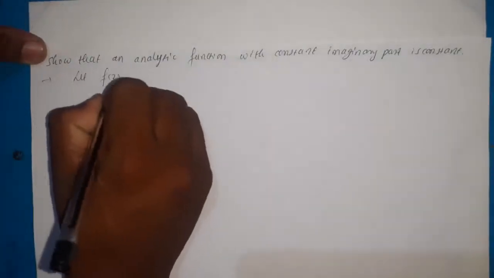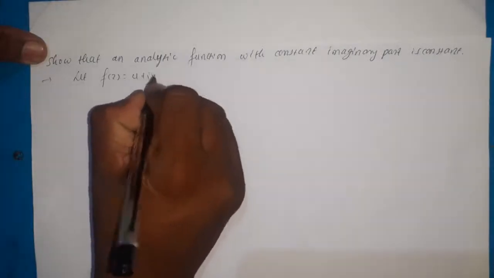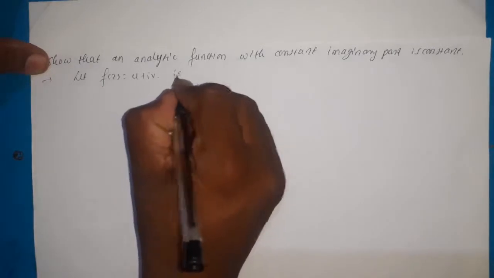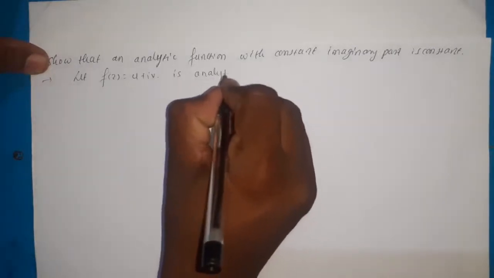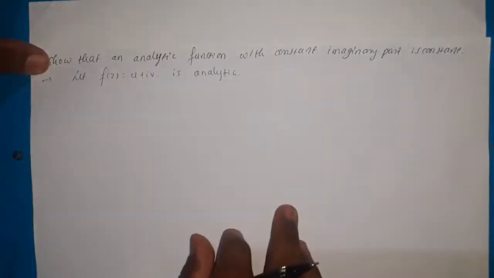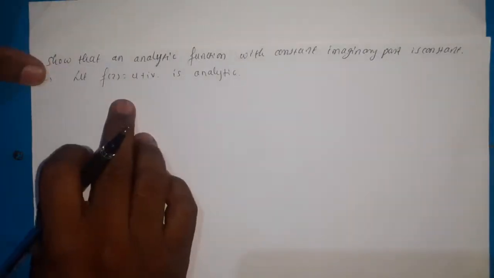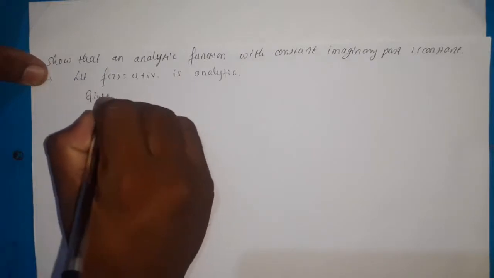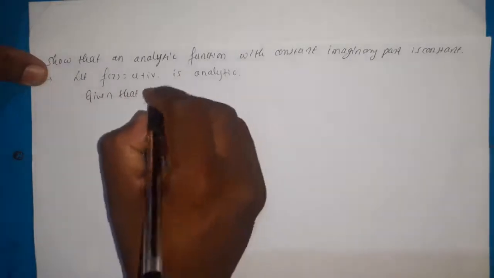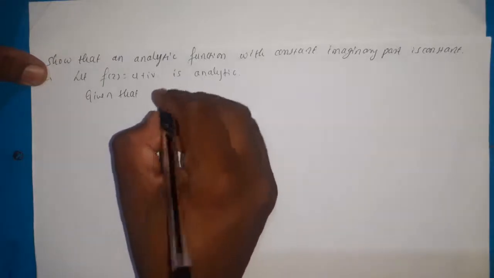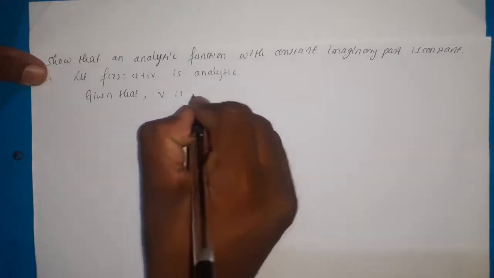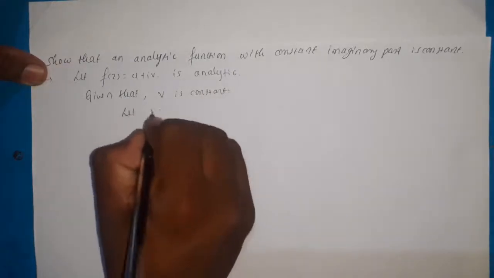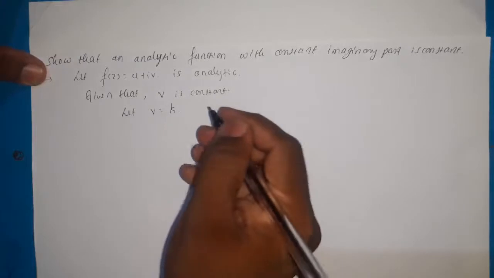Let f of z equal to u plus iv be analytic. Analytic means CR equations are satisfied for the function f of z, and given that the imaginary part is constant, that is v is constant. So, let v be equal to some constant k.